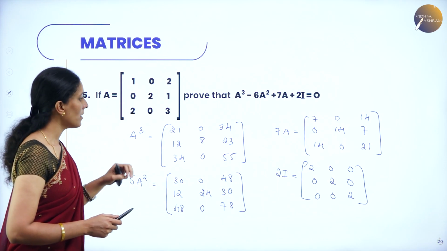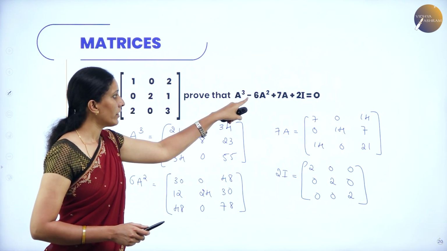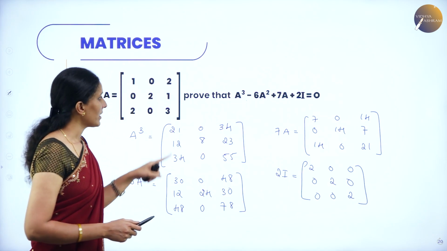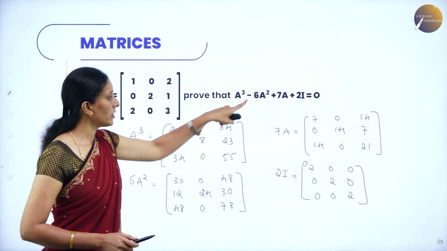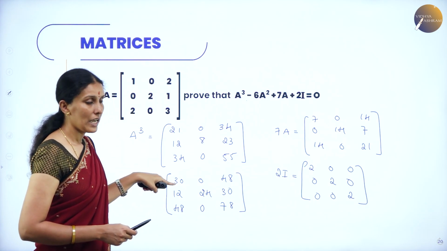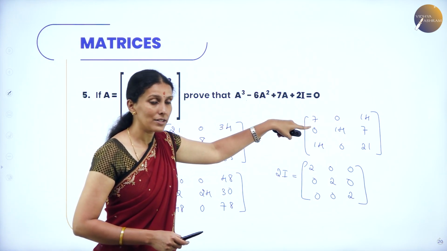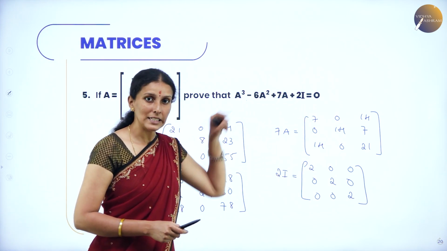Then add them. Add means add the corresponding elements, and wherever needed, you have to subtract. For example, for the first element according to the given equation, we have 21 minus 30 as minus 9. Minus 9 plus 7 is minus 2. Minus 2 plus 2 is 0.